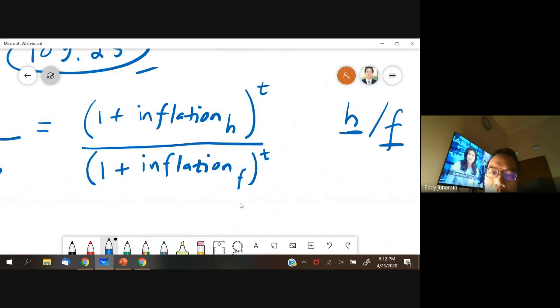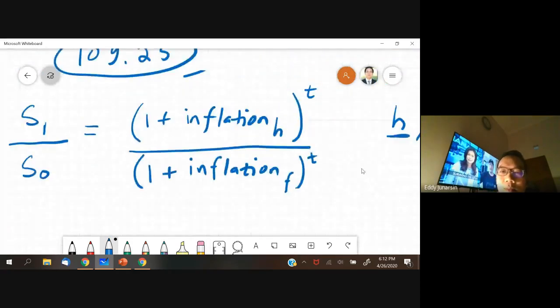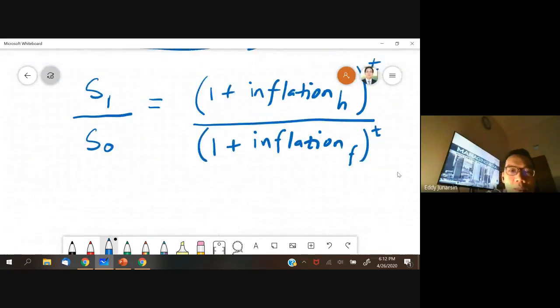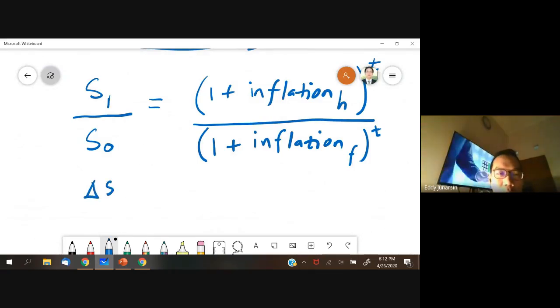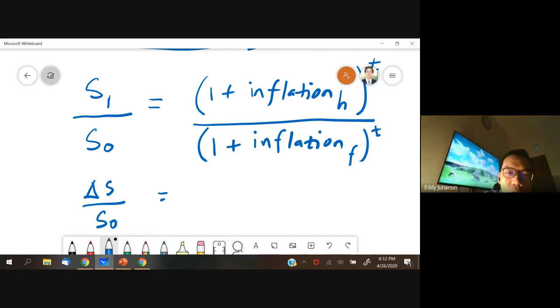So if you rearrange this one, now the delta, or the change in spot rate divided by the initial spot rate, could be estimated as again the inflation in home country minus the inflation in a foreign country, right? As we see in this example.